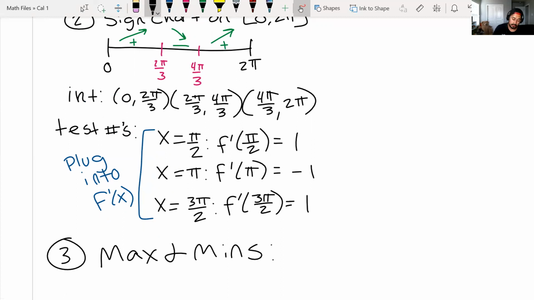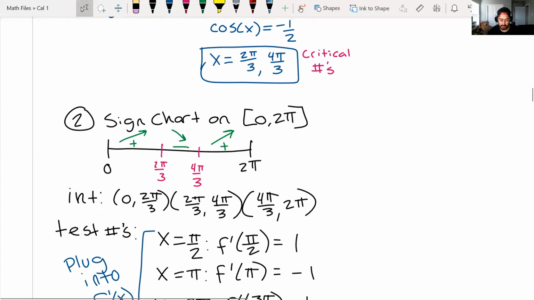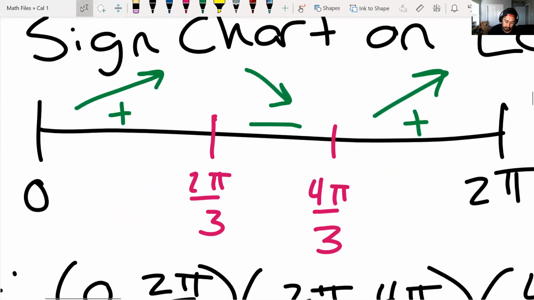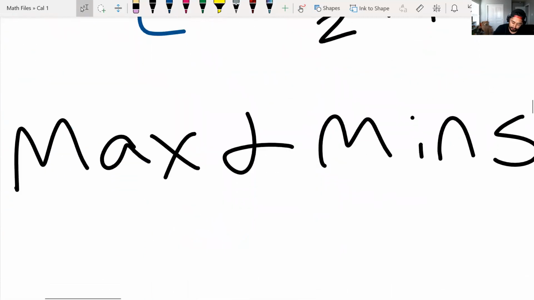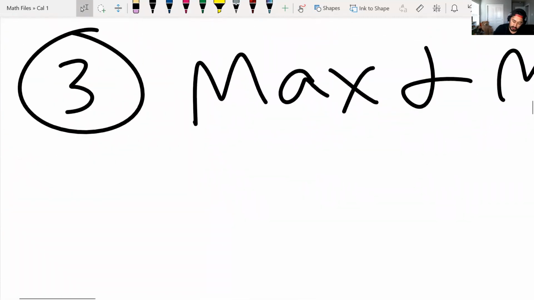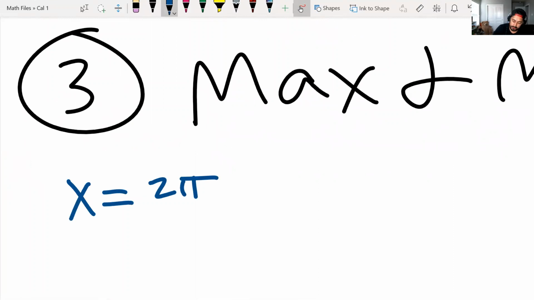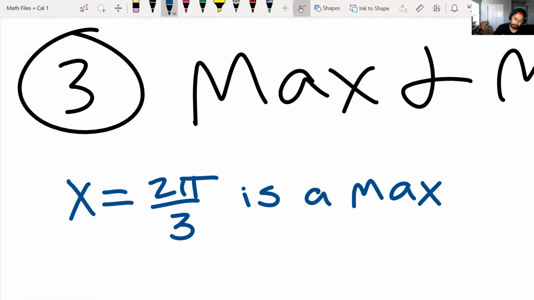Max and mins. So we look back at our sign chart at 2 pi over 3. What does my sign chart do at 2 pi over 3? We increase and then we decrease, which means 2 pi over 3 is a maximum. So x equals 2 pi over 3 is a max.